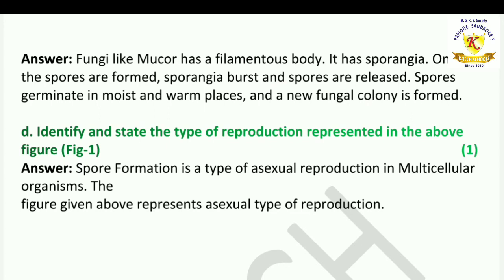Okay? D. Identify and state the type of reproduction represented in the above figure. Yes, spore formation is a type of asexual reproduction in multicellular organisms. The figure given above represents an asexual type of reproduction.